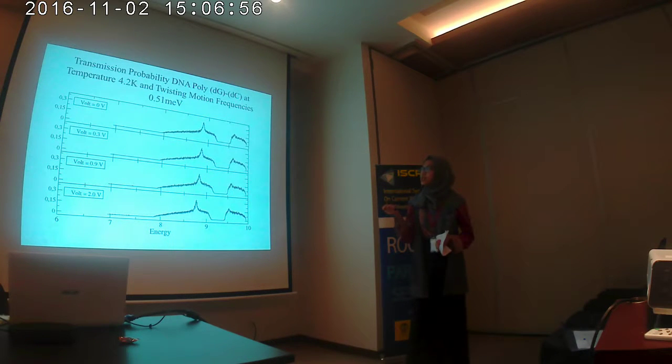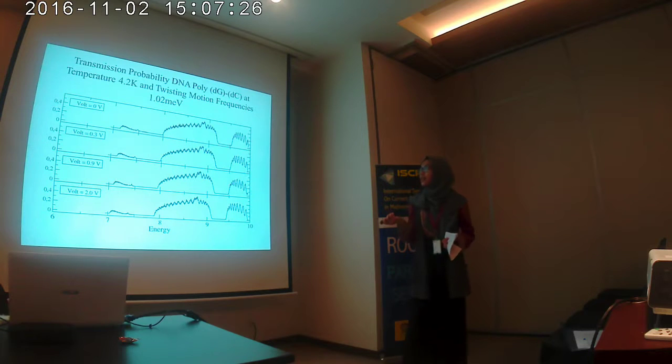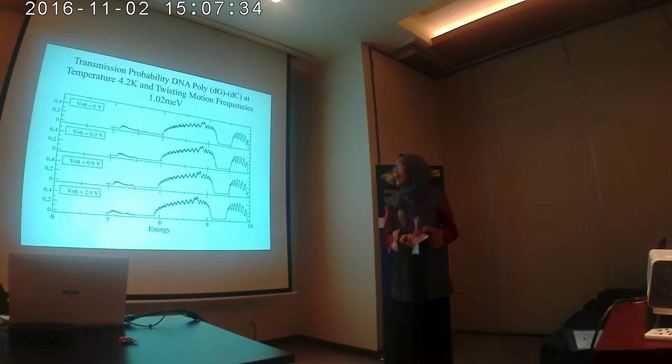We also use variations of voltage from 0 volt up to 2 volt to indicate the electric field influence. After we get these results, we need to know what happens if we set the twisting motion frequency higher. In the next graph, we set the twisting motion frequency to 1.02 megaelectronvolts, and it has a similar tendency.